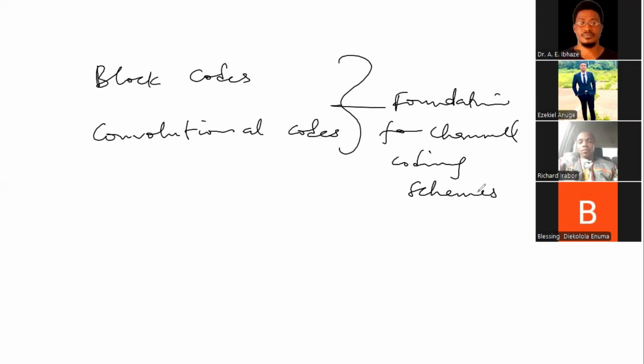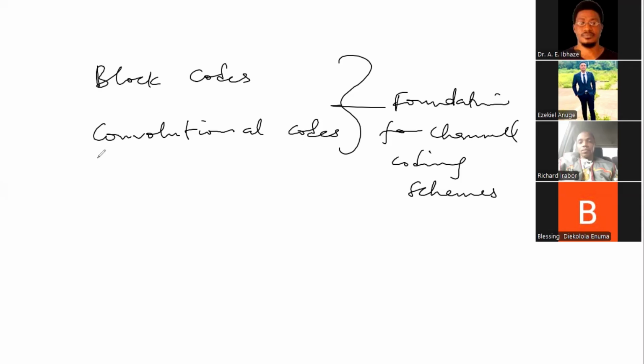And presently, in today's communication systems, we now have variants of convolutional codes and block codes in place that seem to be more robust, more reliable, and even more efficient than the traditional convolutional codes and block codes.